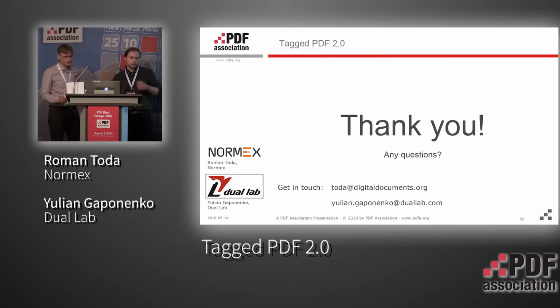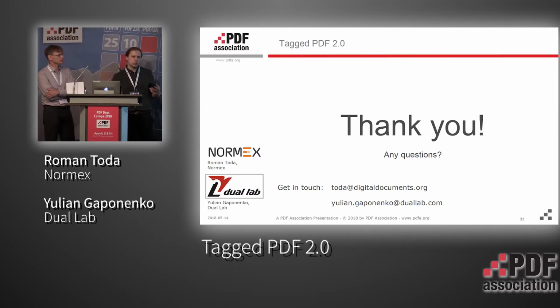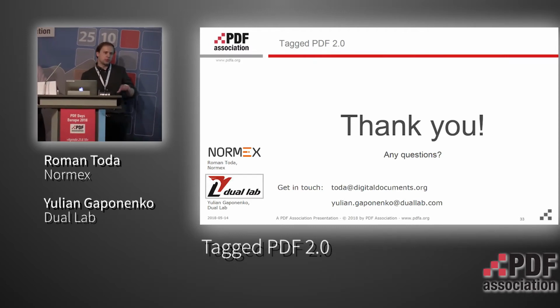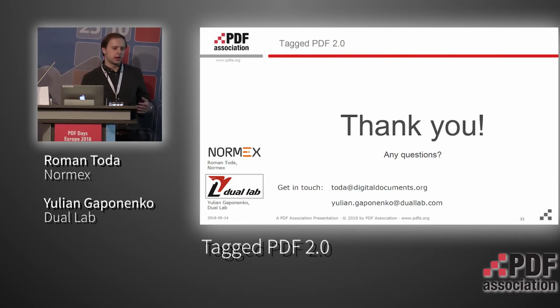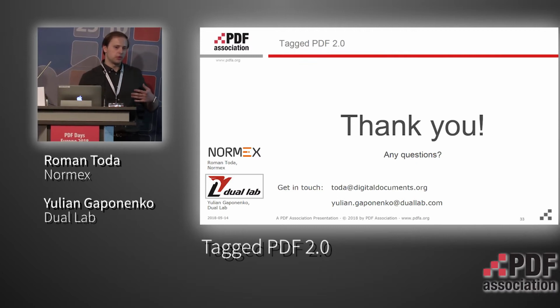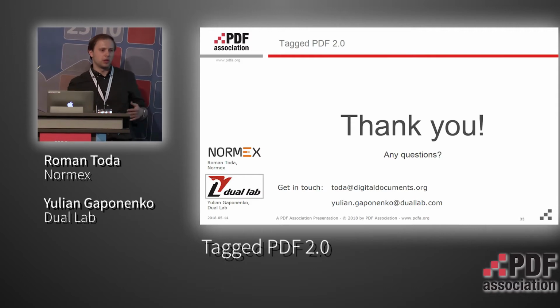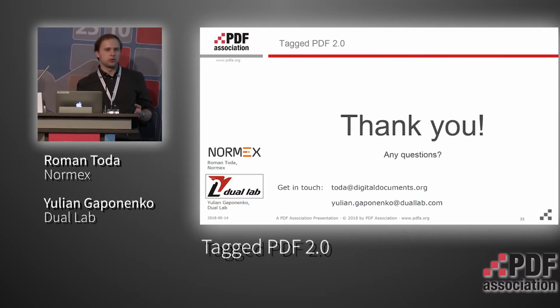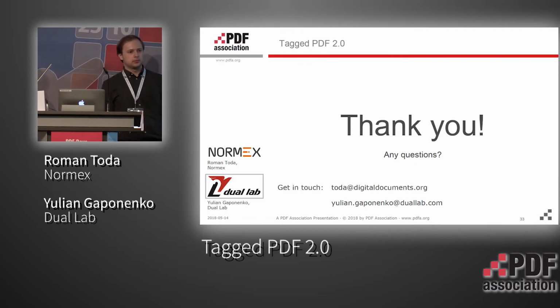And also about role maps. Yes, role mapping can be tricky, but again, with this approach of specifying a separate role map for a separate namespace, this can also be a matter of finding best practices. At a certain moment, maybe we will come up with some ideal role mapping from HTML to PDF, or maybe there might be several such role mappings for different use cases, something like that.